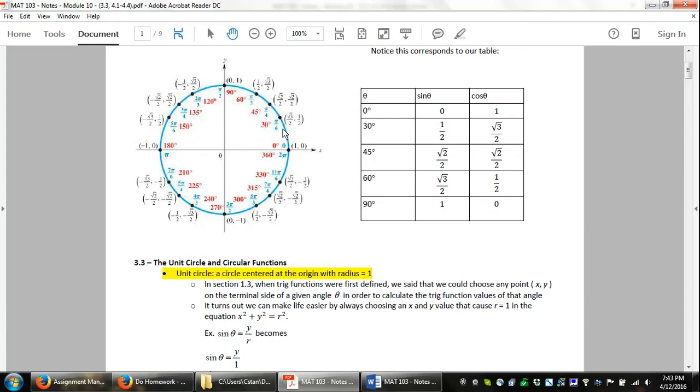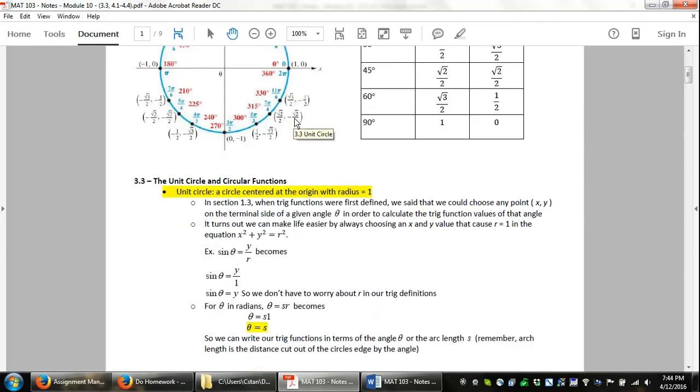So you've got an infinite number of points you can choose here. And for a given angle, all the angles between 0 and 30 degrees, the point on their terminal side that's a distance of 1 from the origin is given by this blue line. So what that does is it makes our trig functions a lot easier to calculate.